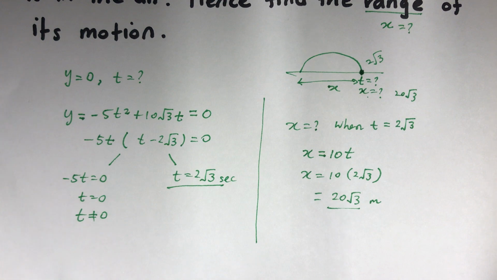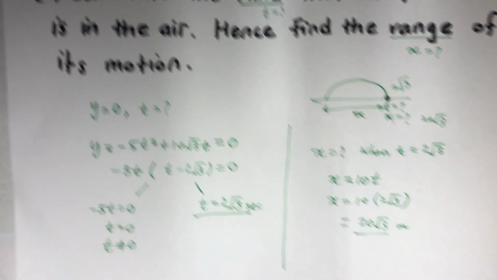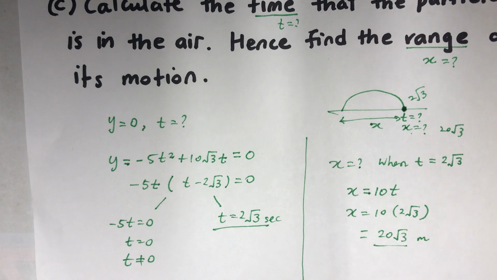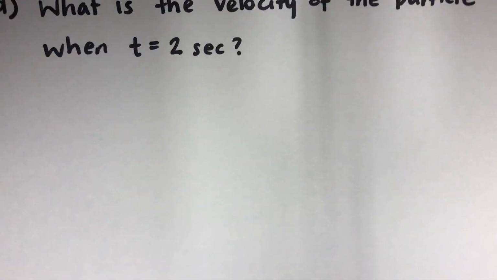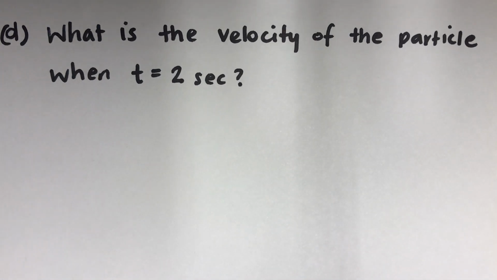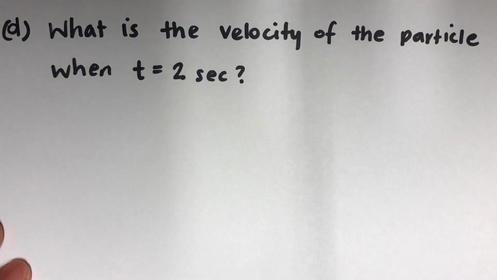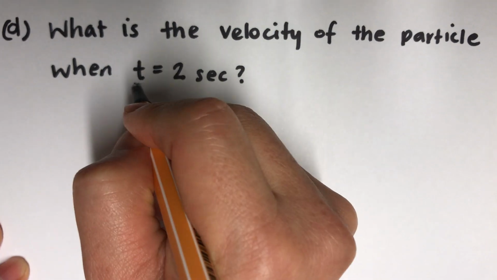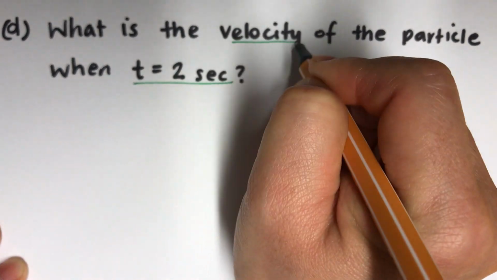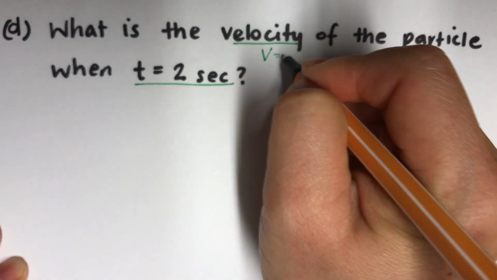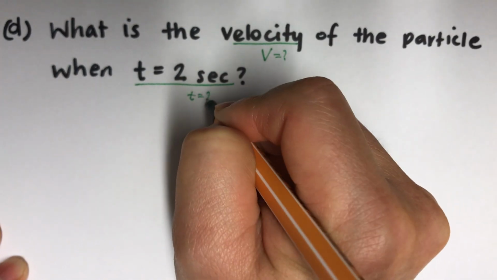So let's have a look. Next one, D. Okay, so what is the velocity of the particle when t equals 2 seconds? Okay, so first, velocity when t equals 2.